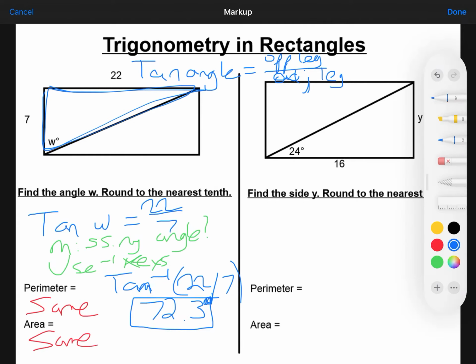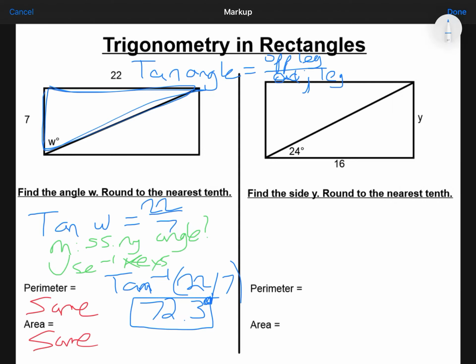If you're missing a side, like this problem here, it's not too bad. Again, it's a tangent problem. Tangent of the angle equals the opposite side on top, the adjacent side on bottom. You have to use the calculator to get a decimal for tan 24.